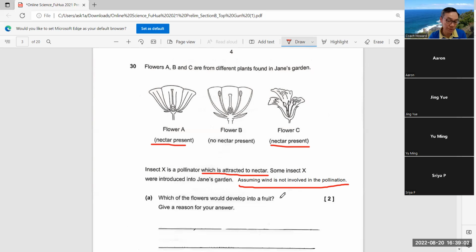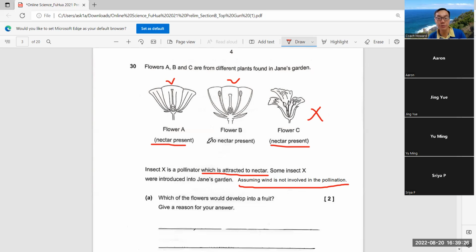In order to develop into a fruit, you must understand that they must have the stigma, which allows the pollen to land on it, correct? You can see this one has a stigma, this one has a stigma, and this one has no stigma, so this one is definitely out. So it's between A and B, but there's a condition present.